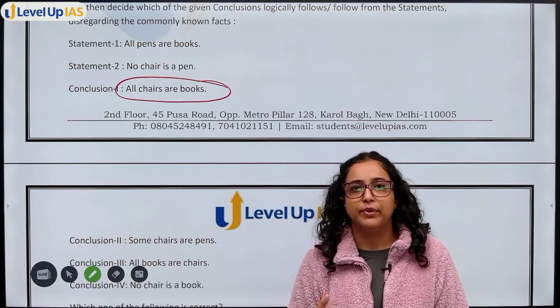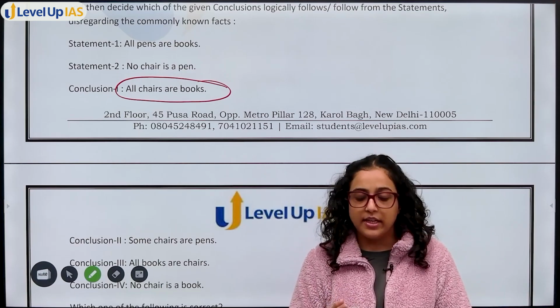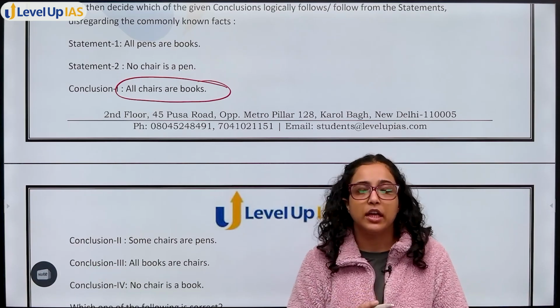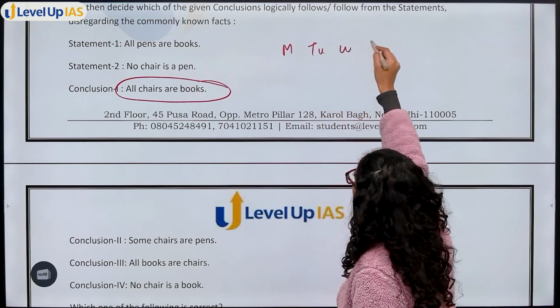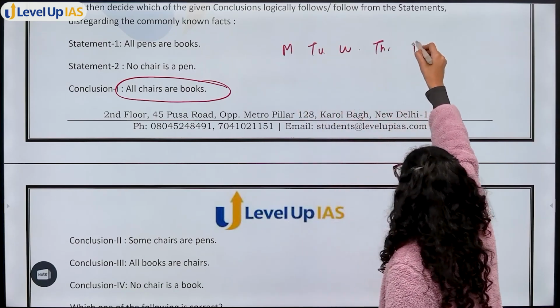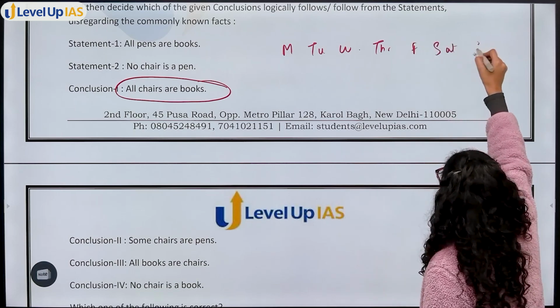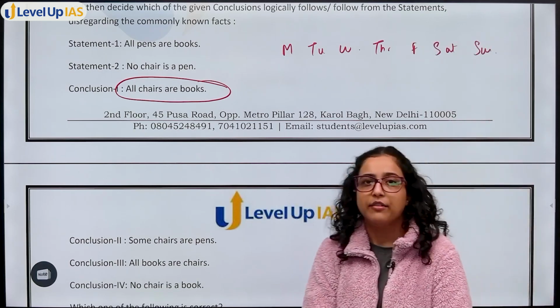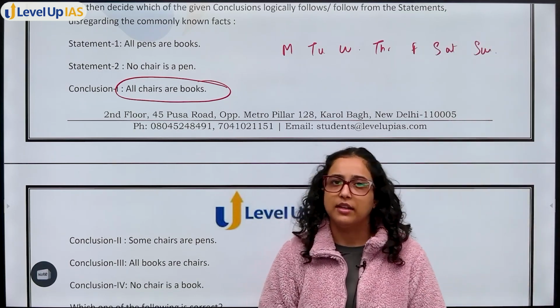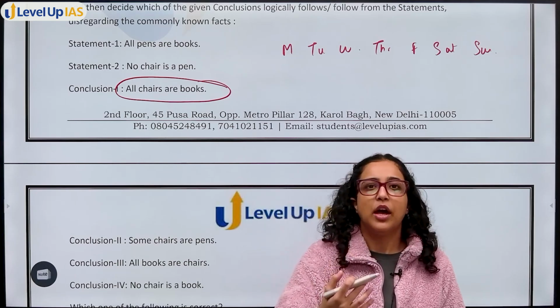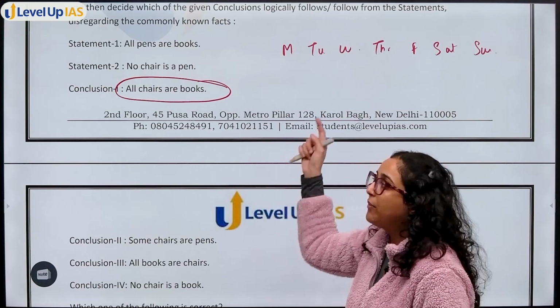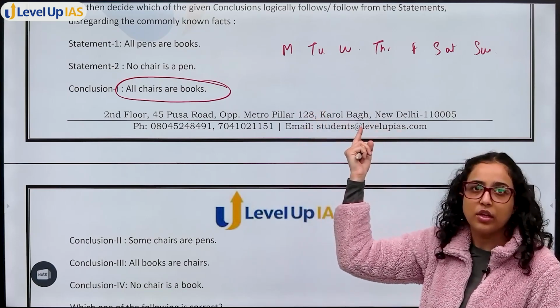So for example, if I say that I am taking a class on every day of the week. So I am taking a class on Monday, Tuesday, Wednesday, Thursday, Friday, Saturday, Sunday. If I make this statement that yes, I am taking a class on all days of the week, if you have to prove me wrong, तो आपको पूरा वीक चेक करने की जरूरत नहीं है.